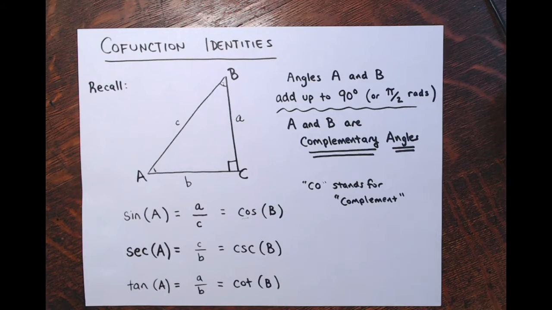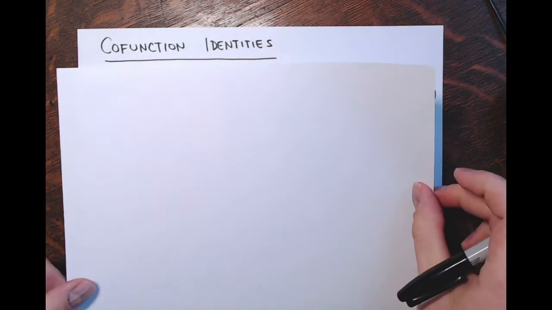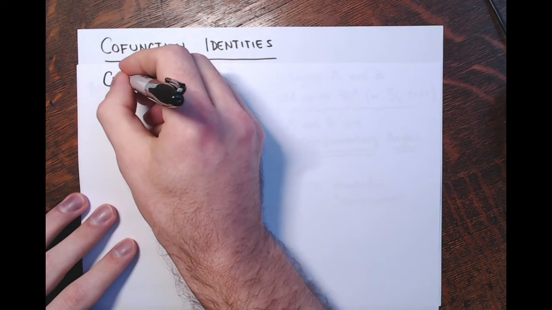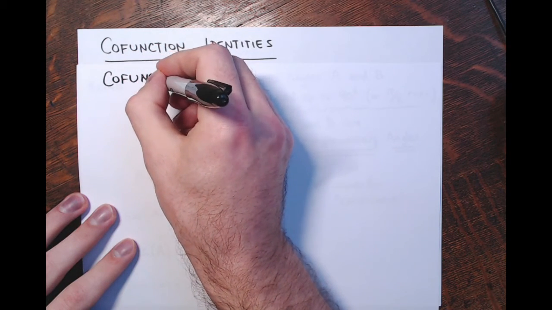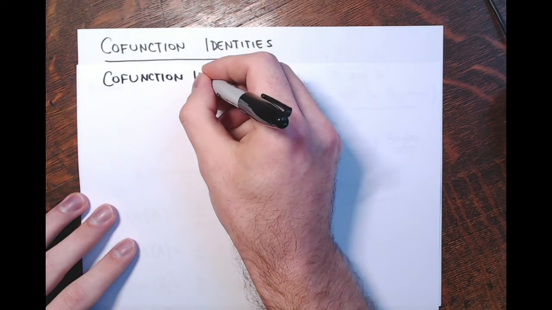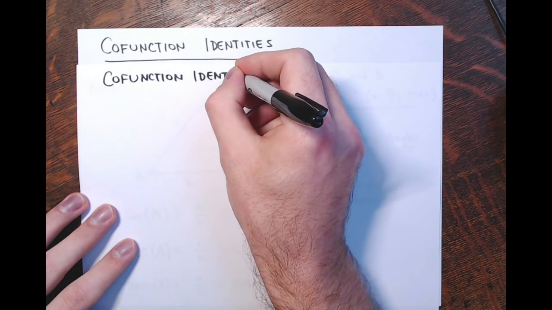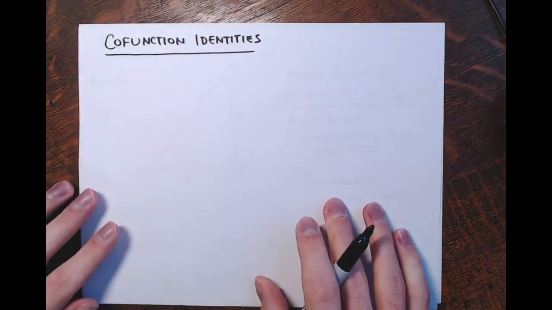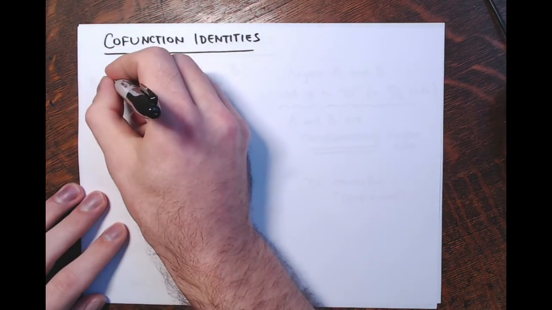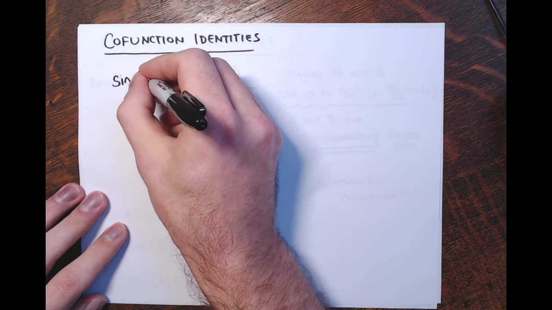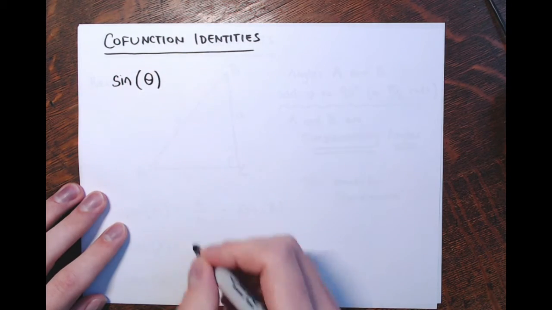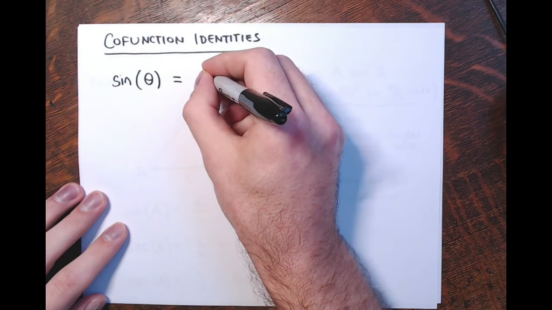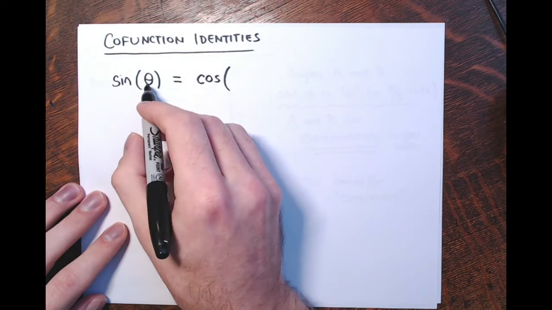So here are these cofunction identities. I'll write it again. So the sine of some angle theta is going to be equivalent to the cosine of the complementary angle.